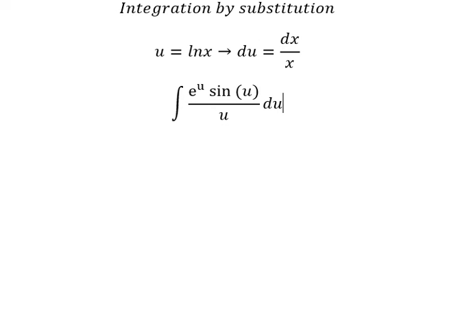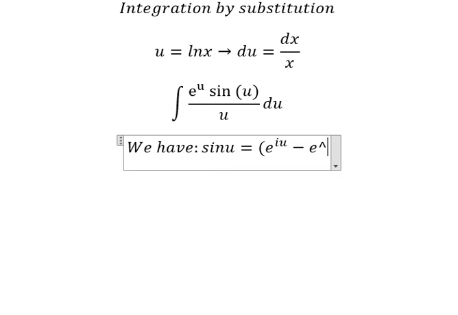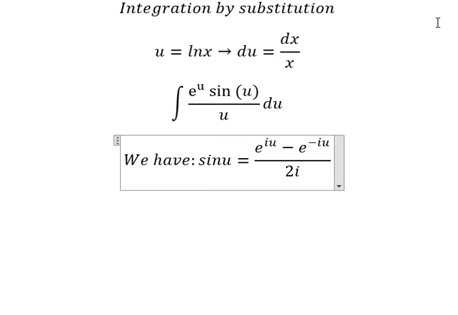Now we have the second formula in here. Sine u equals e to the power of iu minus e to the power of negative iu over 2i. i means the imaginary unit.